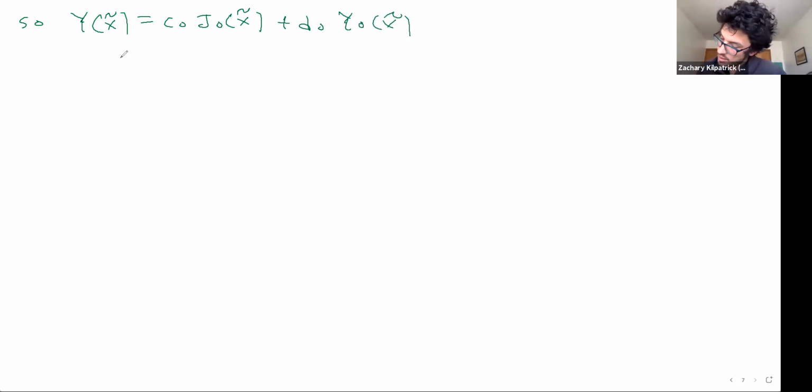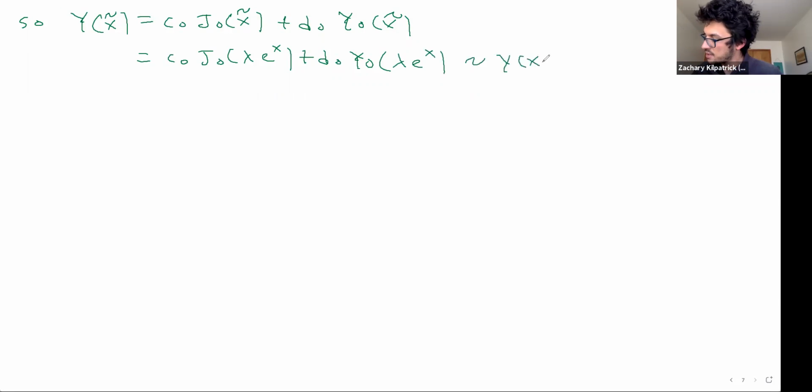This is equal to C0 J0 of lambda e to the x plus D0 Y0 of lambda e to the x. And this, to leading order, is our y also. It looks a lot different than the leading order approximation we had before. It is different, but we've arrived at a leading order approximation.